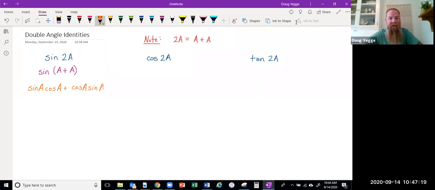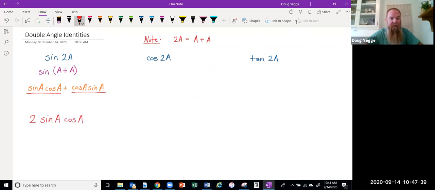But since both of the angles are the same, notice that these are actually like terms. So sine of a cosine a plus another sine of a cosine a means that we have an identity for sine of 2a, which is simply 2 sine of a times cosine of a.